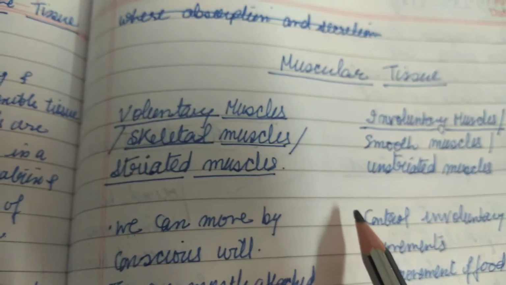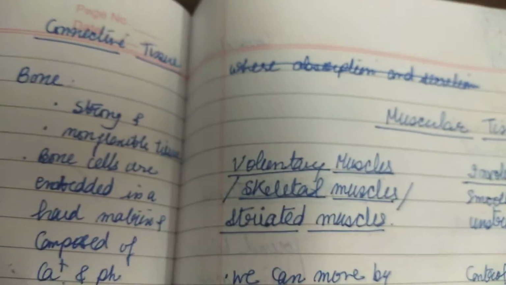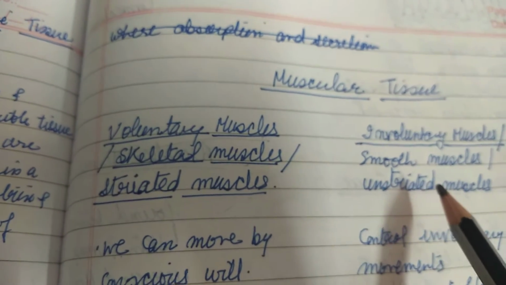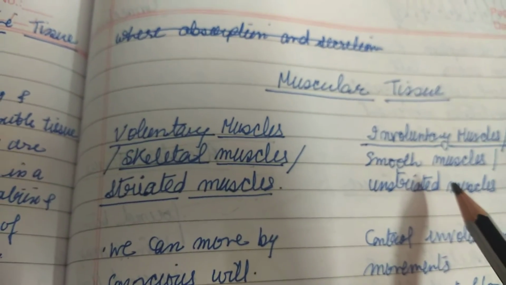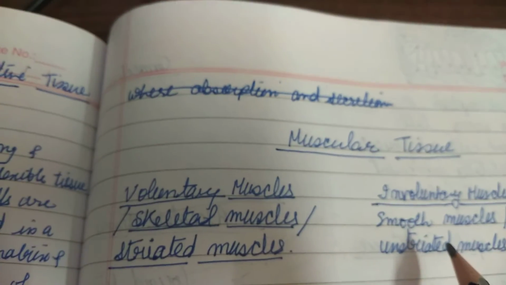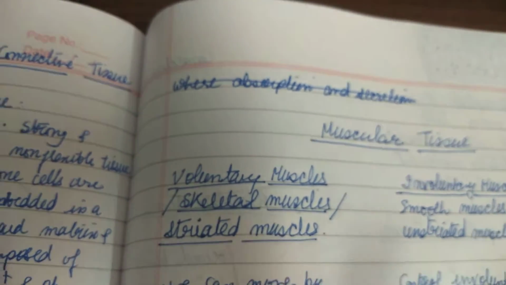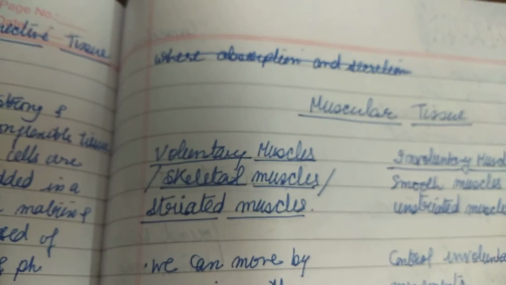And there are muscles that don't move according to our will, right? We can't stop their movement, we can't start their movement. So these are involuntary muscles. What type of movements do they control?